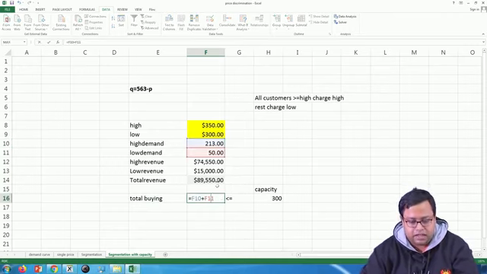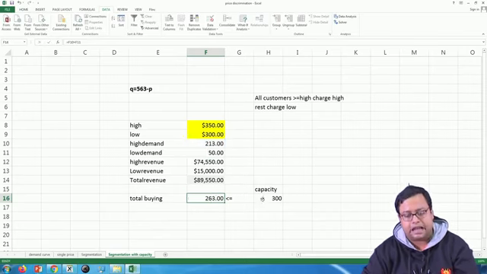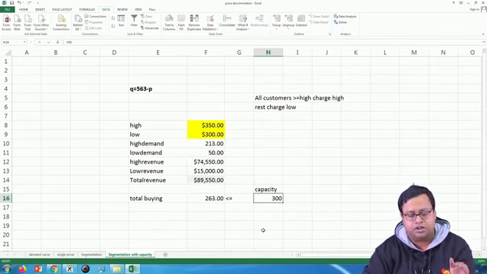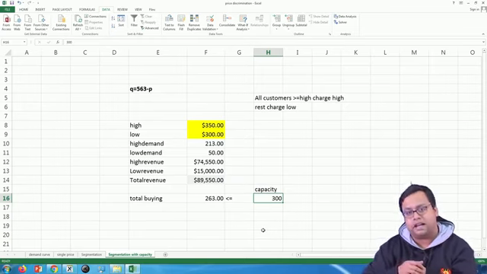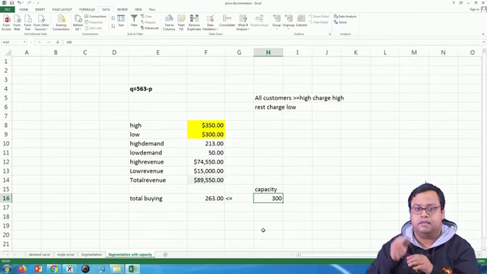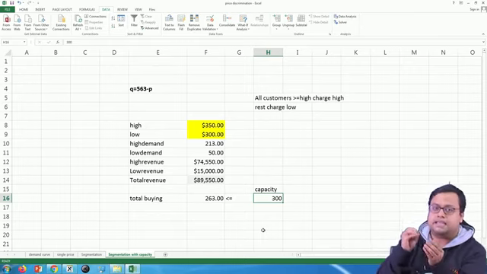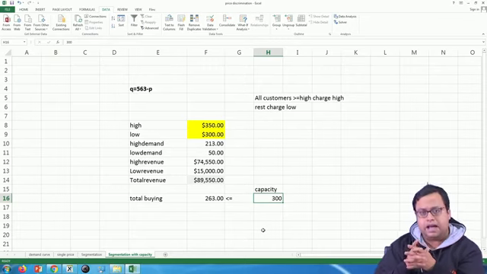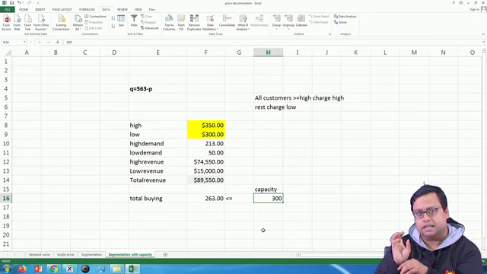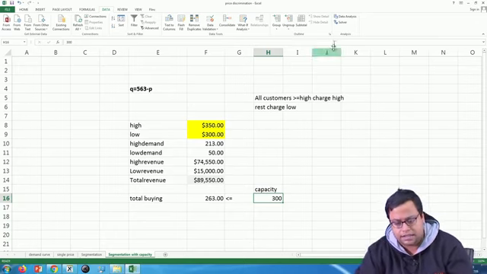What is this value? This value is actually high demand plus low demand, one extra variable which has been taken, which is your total buying currently, and your capacity is 300. So, you have to make sure that whatever pricing you do, your demand does not shoot above the capacity. You do the pricing in such a way that people in high demand will pay high, people in low demand will pay low, and the capacity constraint is taken care of.